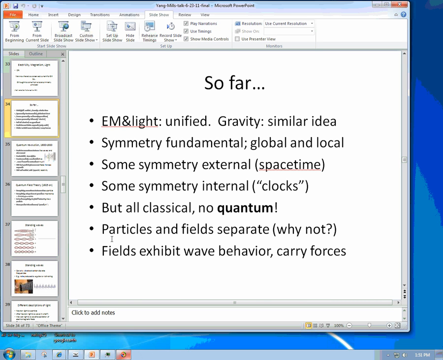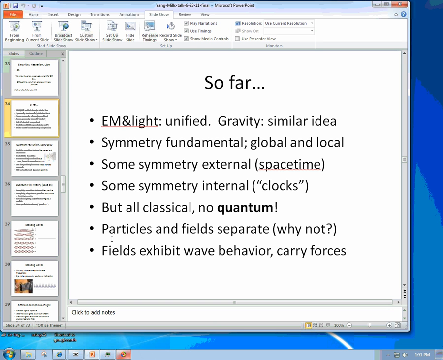What do those clocks measure? They don't measure time necessarily. They don't measure space. They're just some additional property of things in the universe that we can mess with. And the fact that we can mess with it and it doesn't change the theory turns out to be incredibly important. So far, though, in my description, it's all classical and not quantum.